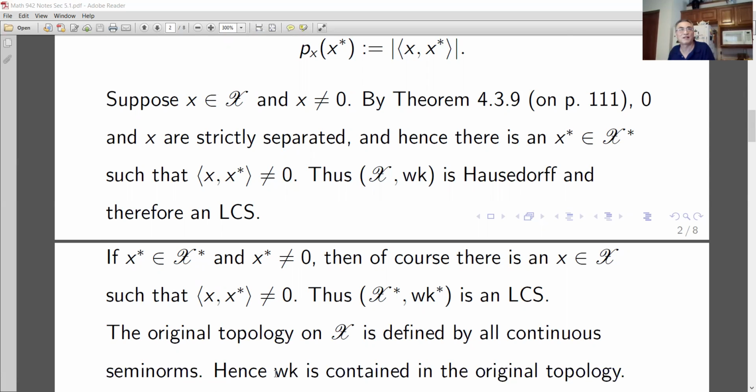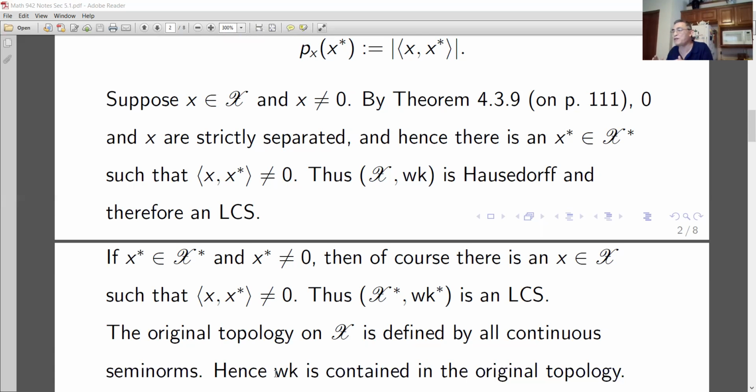These are defined in terms of continuous linear functionals, where you take the absolute value.